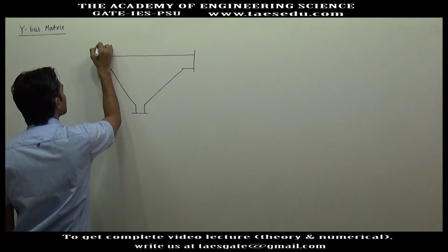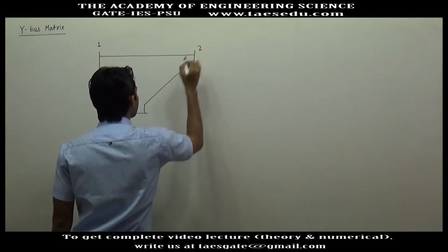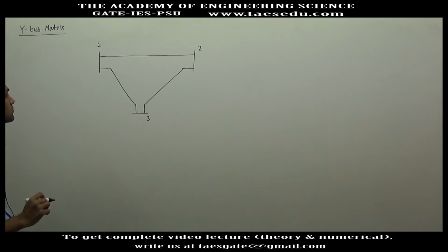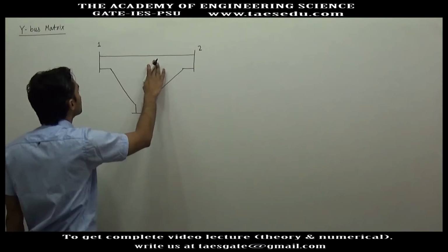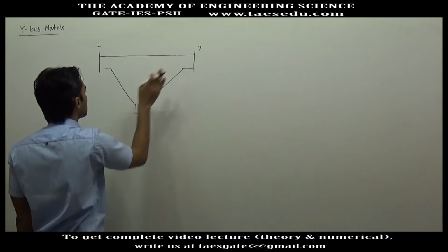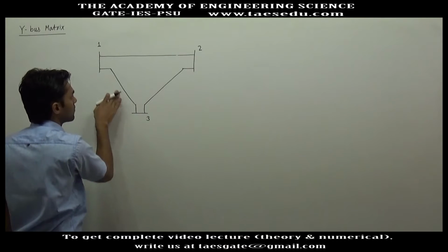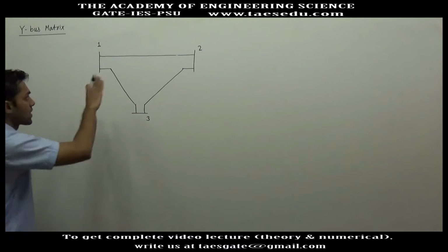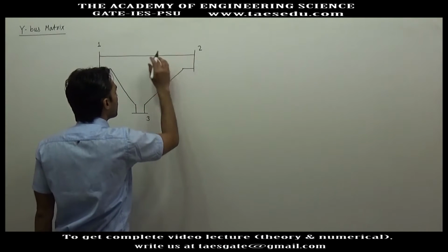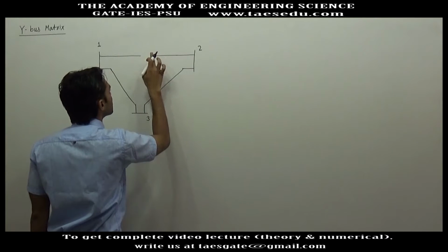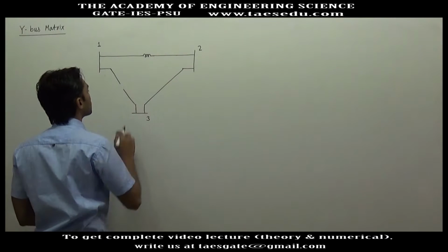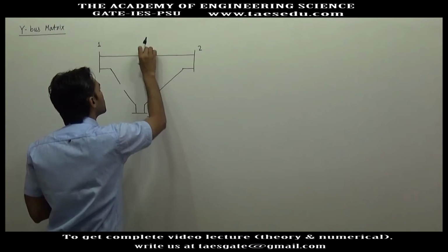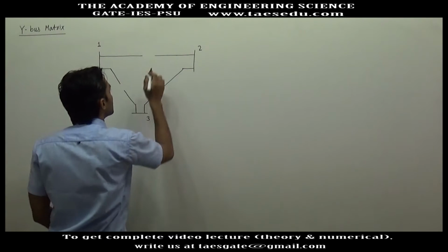Let's say this is bus 1, this is bus 2 and bus 3, and here is the transmission line which connects bus 1 and bus 2. Similarly, this transmission line connects 1 and 3, and 2 and 3. So the buses are connected to each other, and there will be some impedance of the transmission line. Some resistance may also be there, so it is better to write Z1, although reactance dominates.